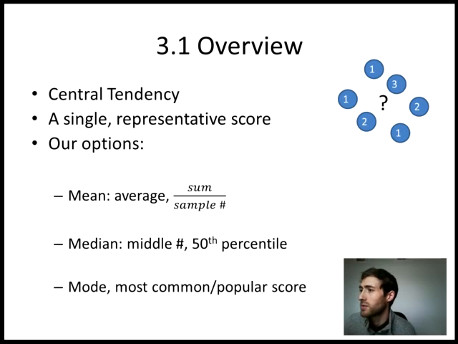And we have a third measure of central tendency, which is called mode, which is basically the most popular of all of your data options, right? So the most common number, for example, in our sample up here is 1.